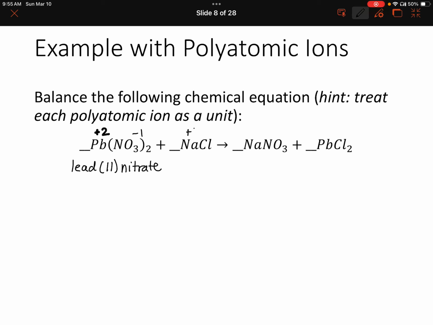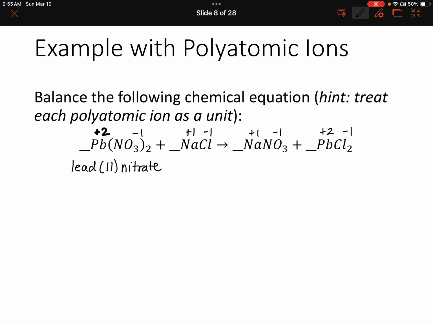So sodium has a +1 charge, chloride has a -1 charge. And then if we look at the products, everything's kind of swapped places. So now sodium is bonded to nitrate, and the charges are balanced there. And lead, which is +2, is now bonded to 2 chloride ions. So those are balanced as well.